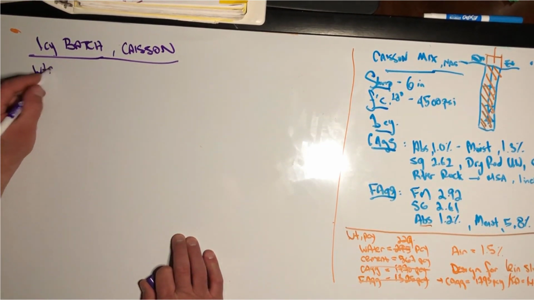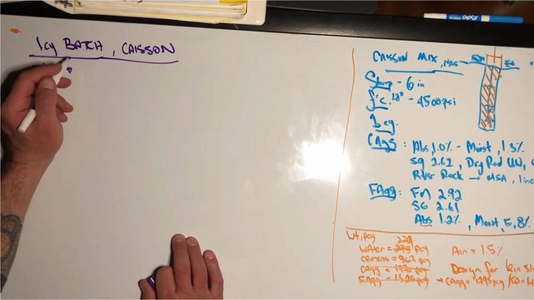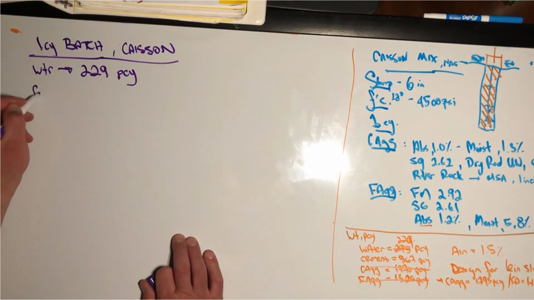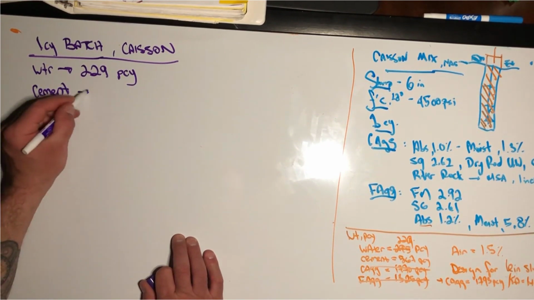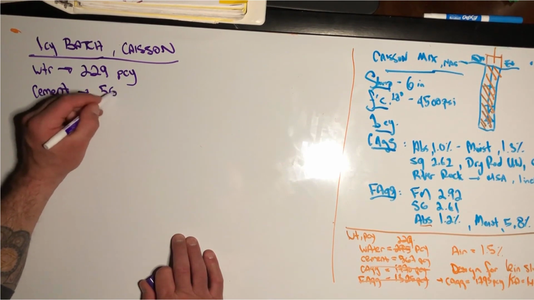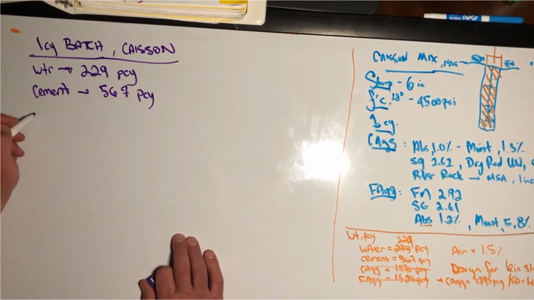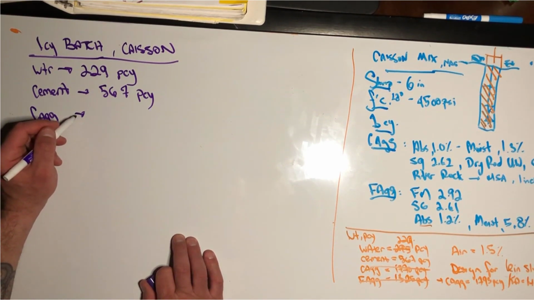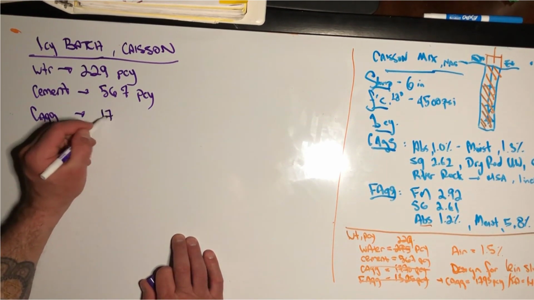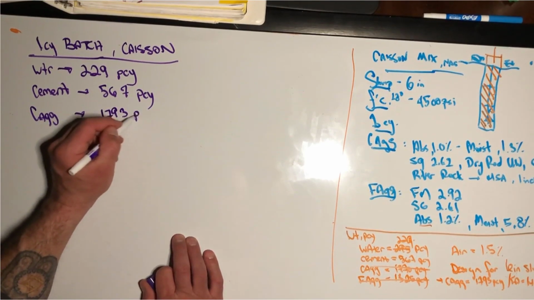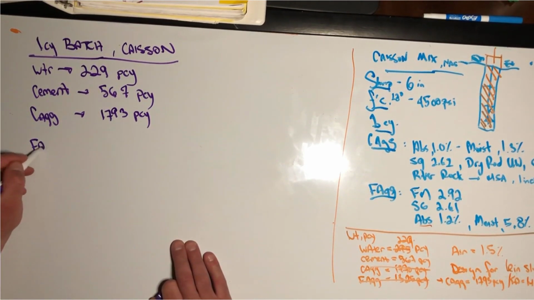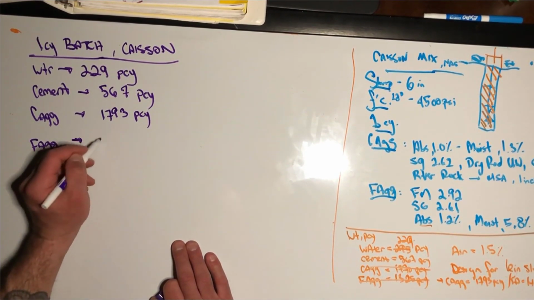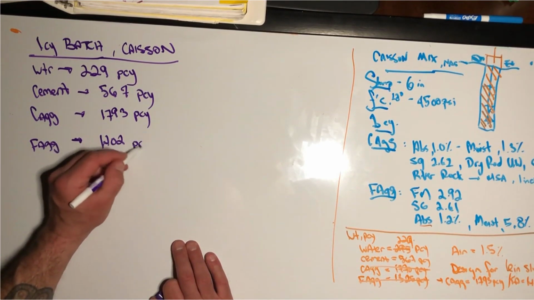So our water was 229 pounds per cubic yard. Our cement is 567 pounds per cubic yard. Our coarse ag, moisture laden, is going to be 793 pounds per cubic yard. Our fine ag is 1,402 pounds per cubic yard.